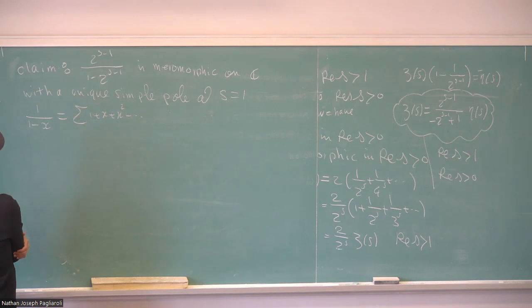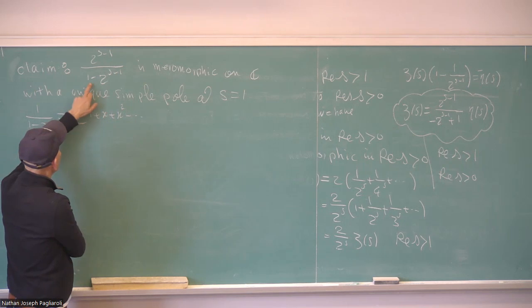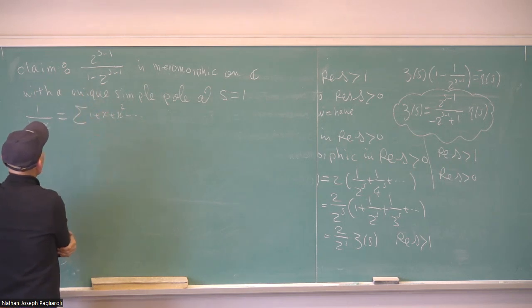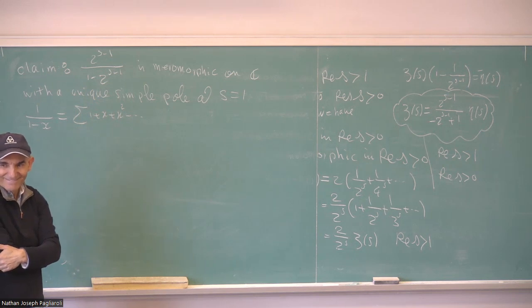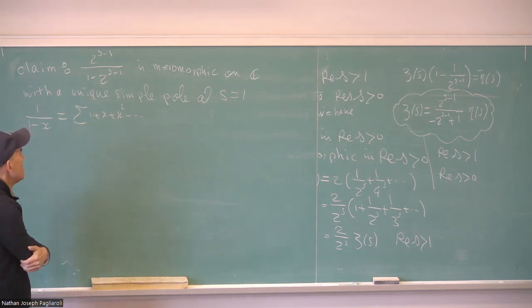So how am I going to use geometric series in this case, by the way? This is correct, but how am I going to use it for that? Here's how. 1 over 1 minus, that's the series.